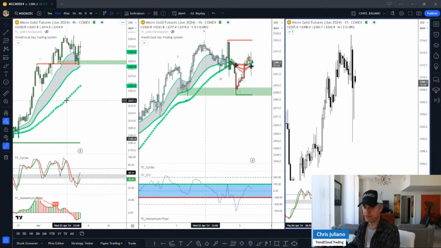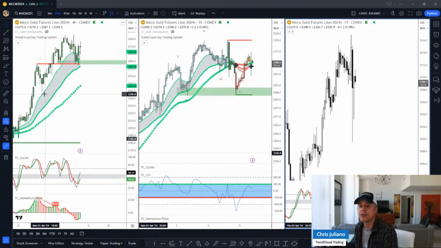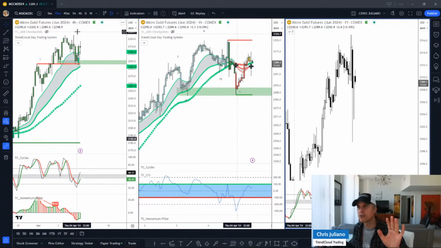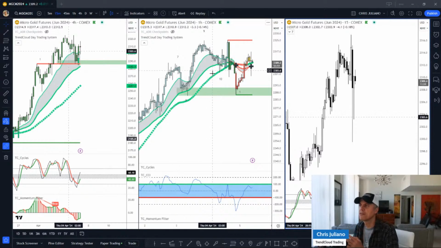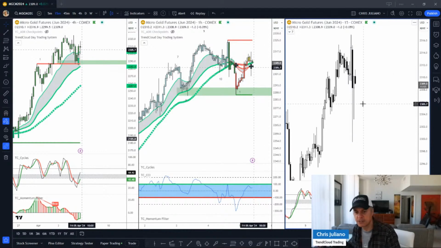Remember that moving averages, which is what TrendCloud is made up of, are more significant on the highest time frame. The trend cloud on the 4-hour chart is going to be more significant than the trend cloud on the 1-hour chart, and the 1-hour chart more significant than the 15-minute chart.